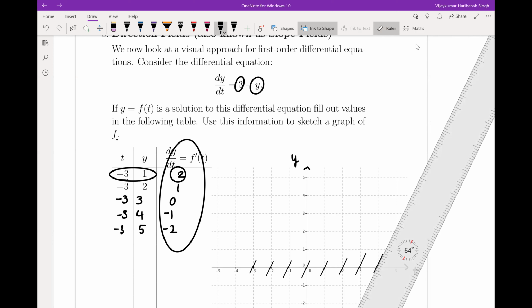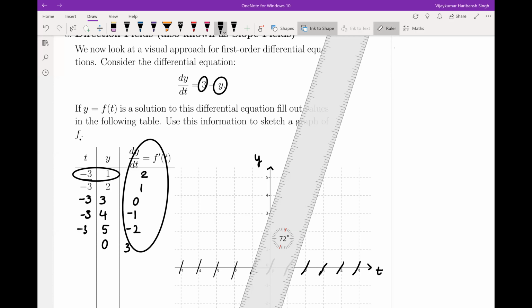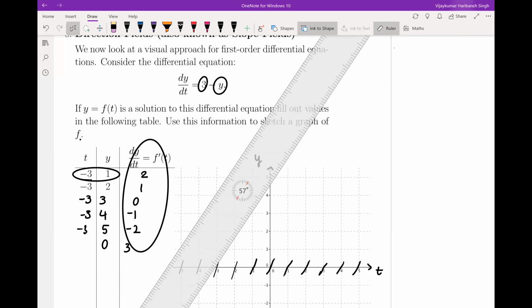Now, what about when y is 1? We'll get 2. No matter what your t is, when y is 1, the slope will be 2. And when y is 0, the slope is 3.